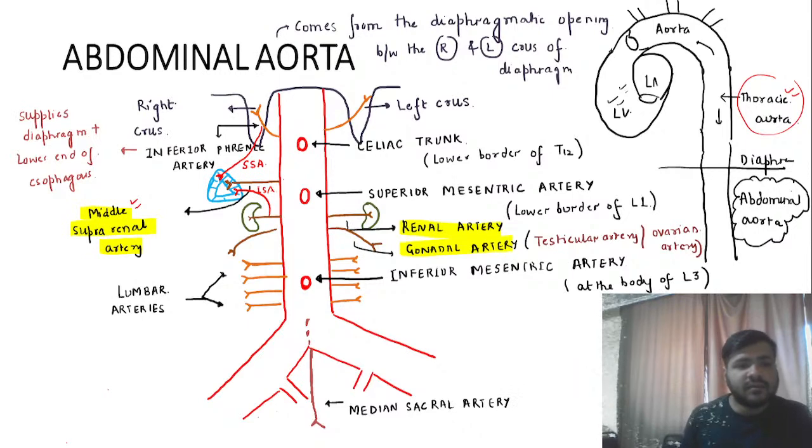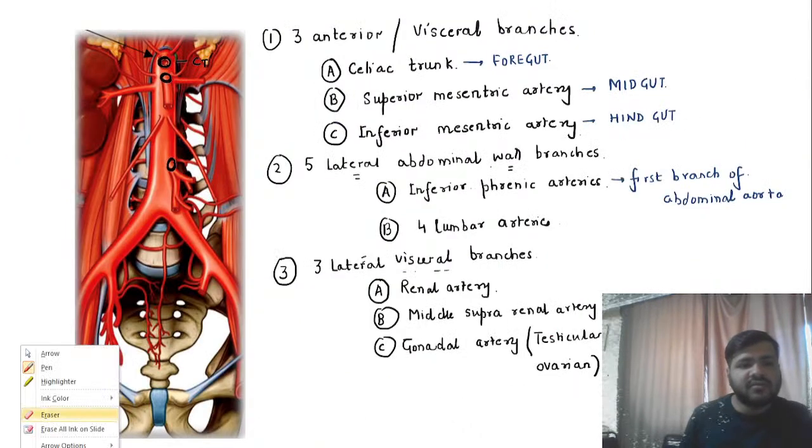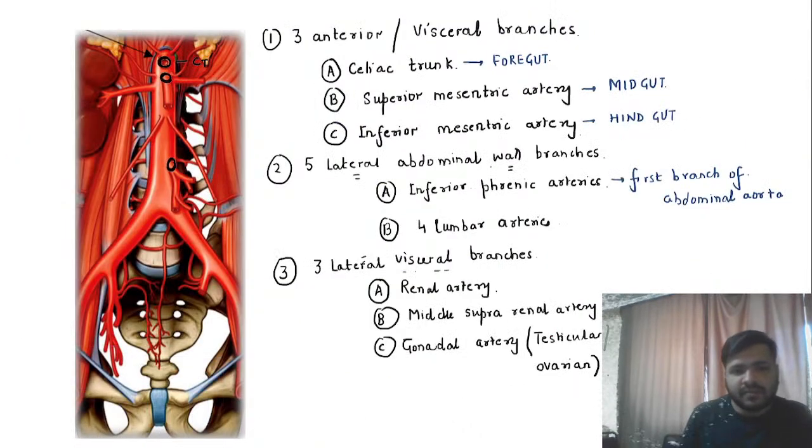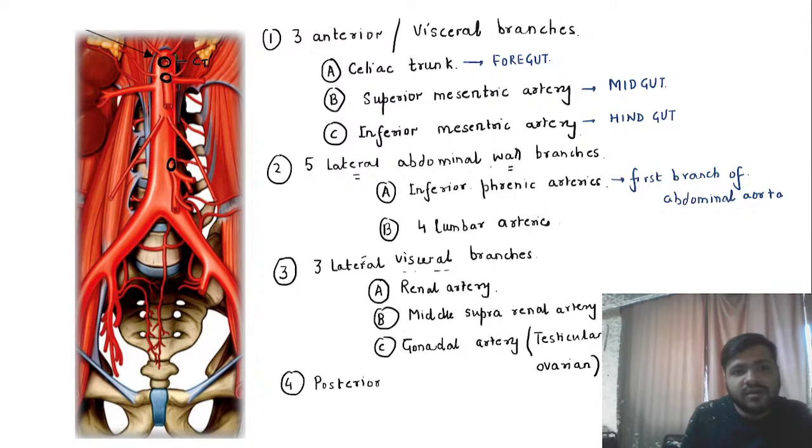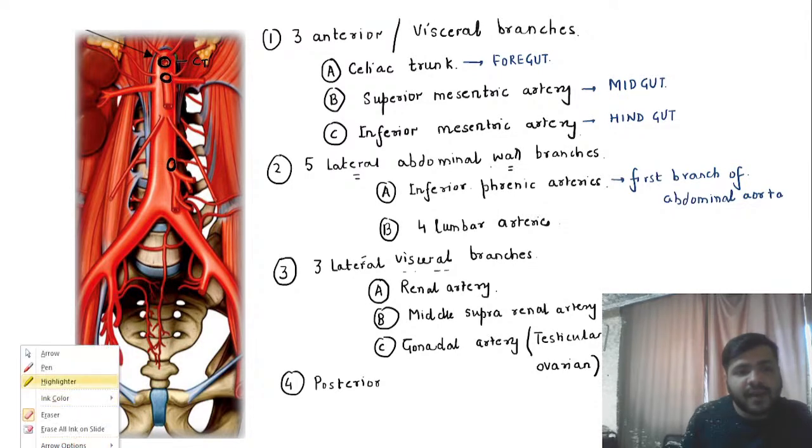Now, guys, let us pen down this in our notes as well. You should remember that we have one posterior branch. It is coming from the dorsal surface of the aorta. Aorta के पीछे से आ रही है बेटा. If you can just figure it out, ये देखो बिल्कुल sacrum की तरफ pass कर रही है. This one. If you can just figure it out, guys, this is arising from the back surface of the aorta.